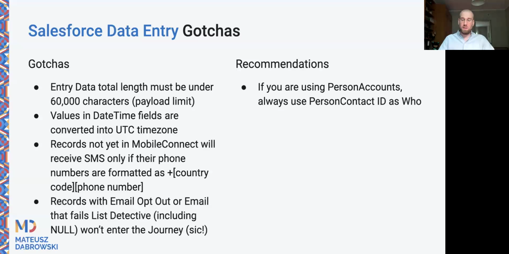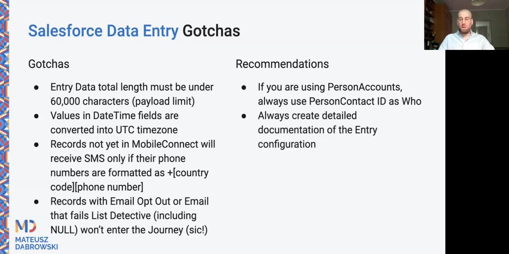If you use the account ID for the person accounts, you will get duplicates because the same person will be created as an account, with the account ID as a subscriber key from the Salesforce data entry, and also be created as a contact ID subscriber key from synchronized data extensions. So you don't want this disjointment because there will be a lot of issues down the line.